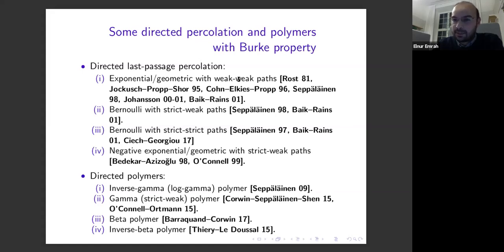So at each step, it can go up or right, so one coordinate can stay the same. But if you have a strict path, it means both coordinates must increase at each step. I see. Thanks.